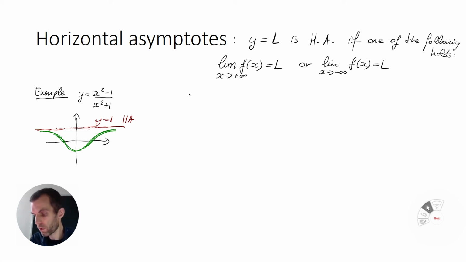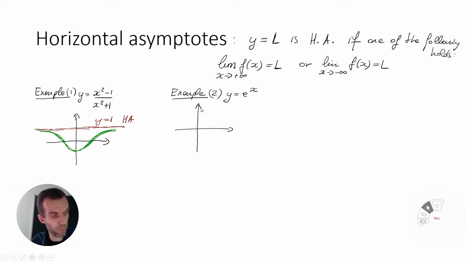So let's do another example. Let's take y is equal to e to the power x and find the horizontal asymptotes. We know e to the power x has the following graph.